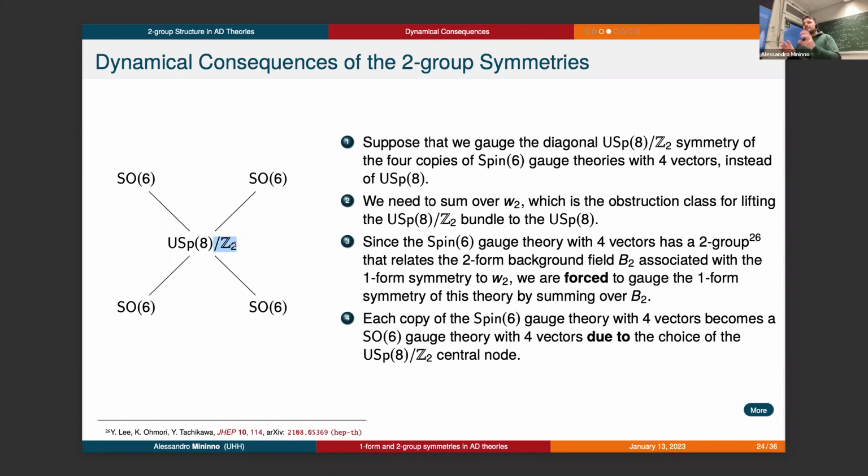If you have a theory with a two-group structure, then whenever you want to gauge a particular subgroup of the flavor symmetry, or manipulate the theory, depending on the object you are gauging, if it interferes with the generator of the two-group structure, you are forced to gauge something else. In this case, also the one-form symmetry.